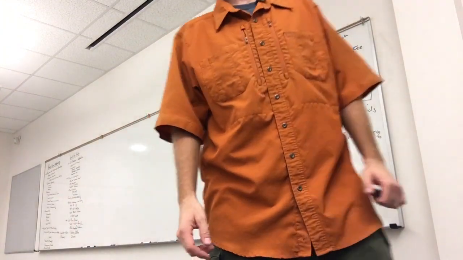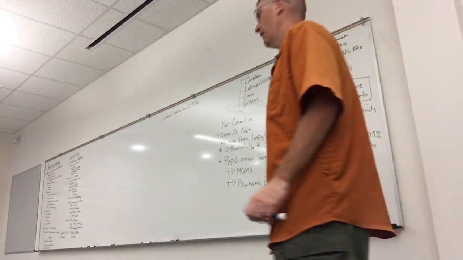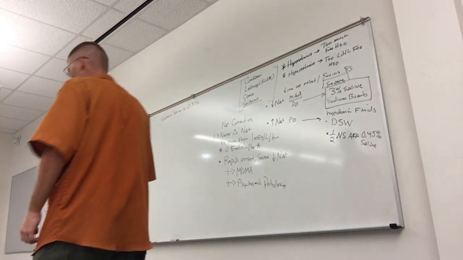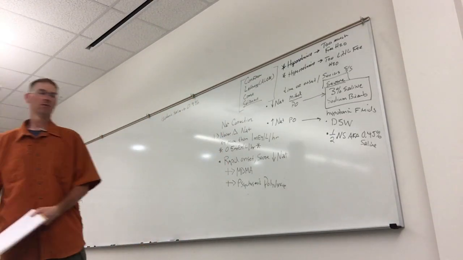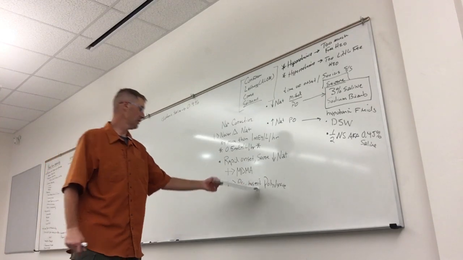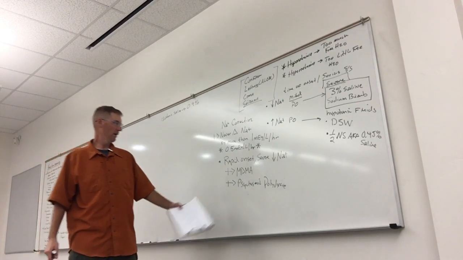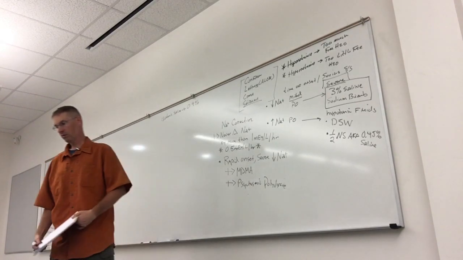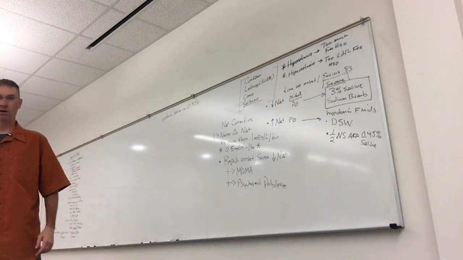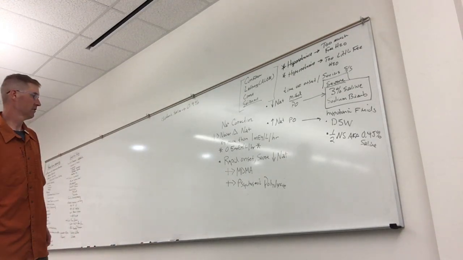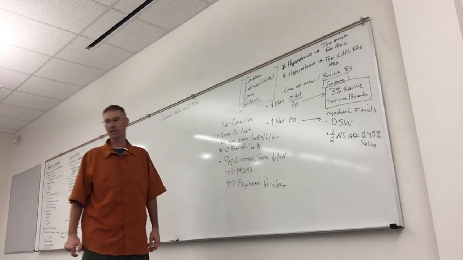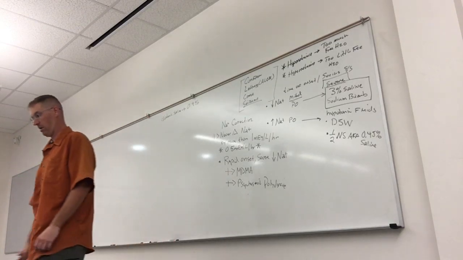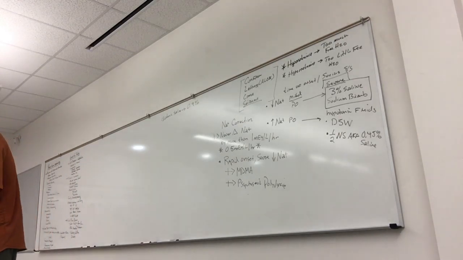Polyphagia, polydipsia, polyuria, right? So polydipsia is drinking large or excessive amounts of water, right? And this is psychogenic. So this can be a psychological condition where somebody just has this psychological need to drink water, and they drink it, and they drink it, and they begin to dilute out their sodium.